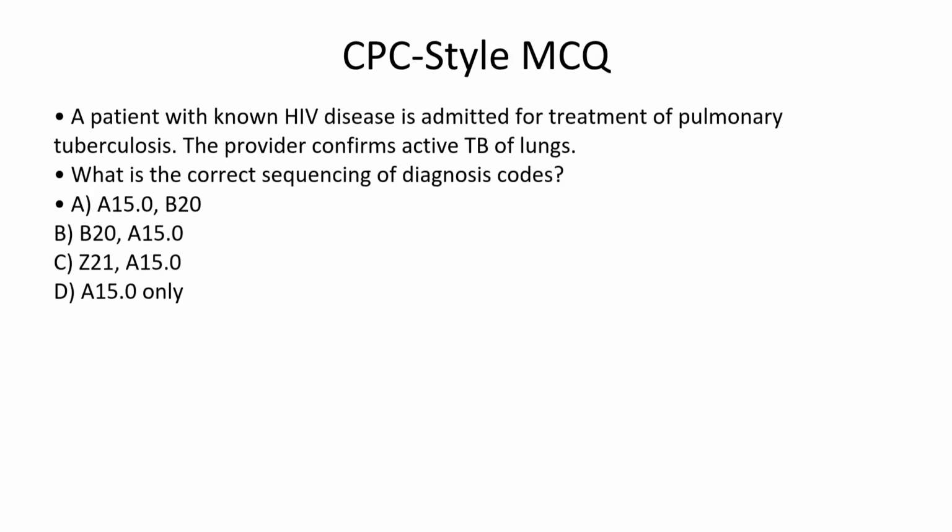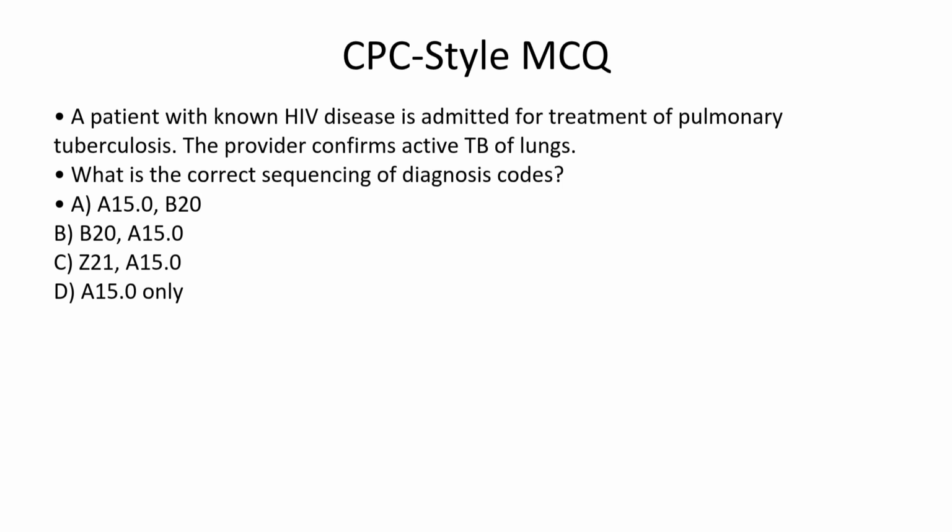In this scenario, the patient has HIV disease and is being treated for pulmonary tuberculosis. Tuberculosis is an HIV-related condition, so we must assign B20 first as the principal diagnosis, followed by A15.0.